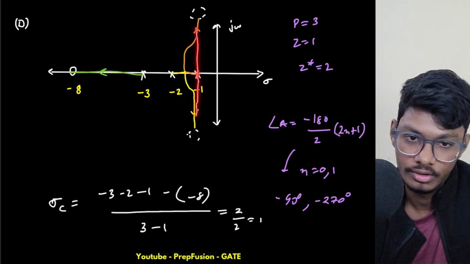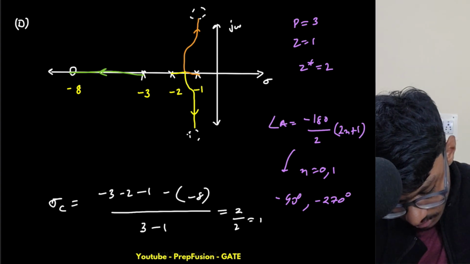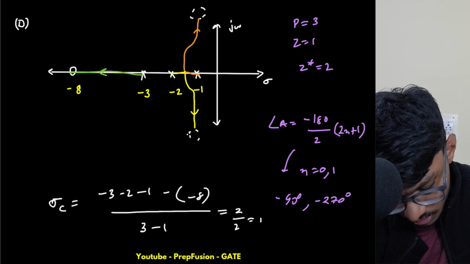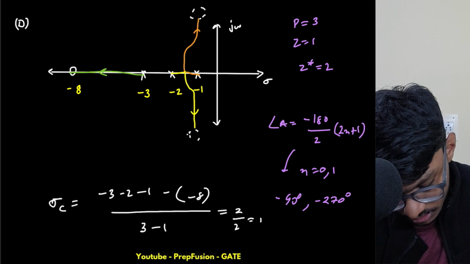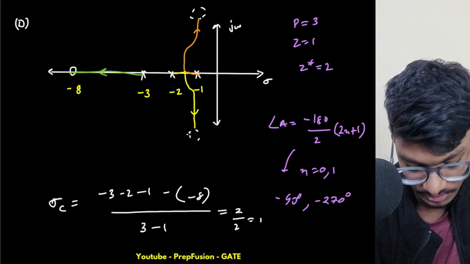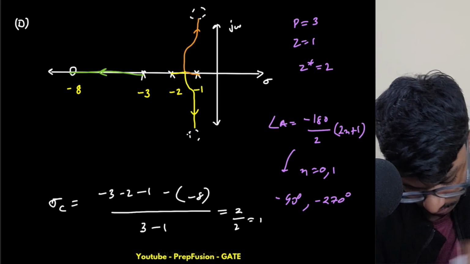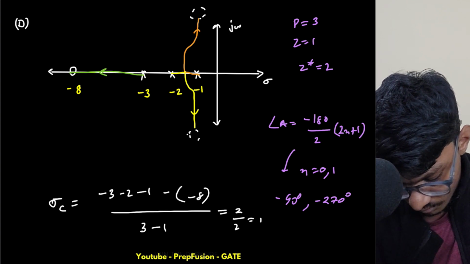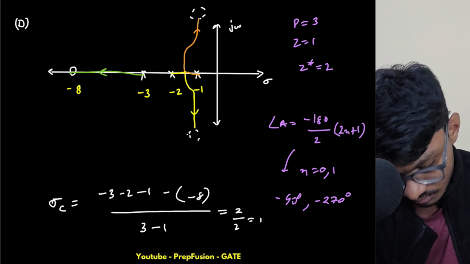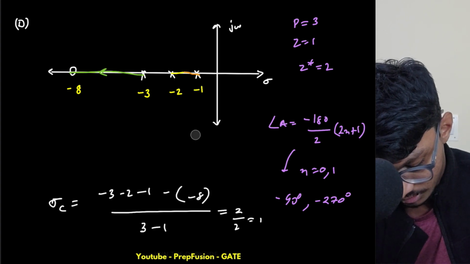Is this actually minus 1 or 1? Just hold on a second. Okay, it will die out around plus 1 actually, not minus 1. So yeah, this will be something like this actually.